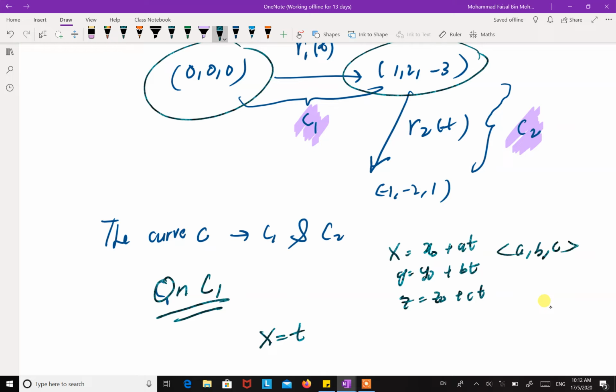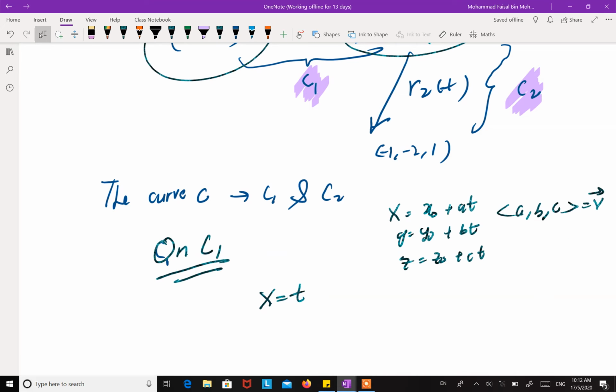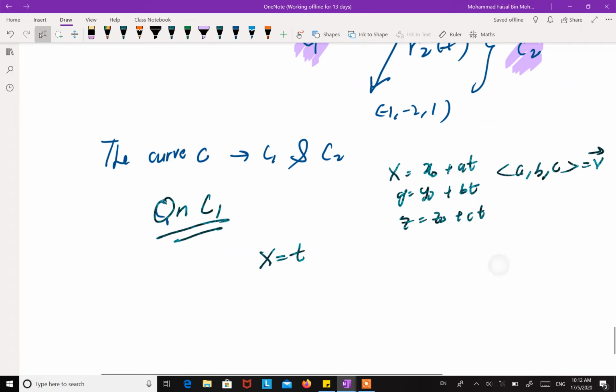This can be found by subtracting the first point from the second. Then x equals t, y equals 2t, z equals negative 3t, and then your t is between 0 to 1.